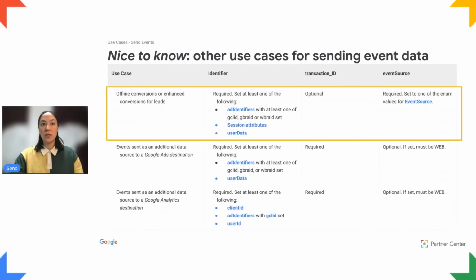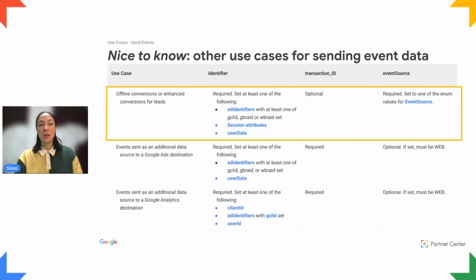The other use cases, it's just nice to know because it will be more relevant in the future, is event sent as additional data source to a Google Ads destination or Google Analytics destination, where the biggest difference here is that the event source is web, right? So we are sending the data as additional data to web conversions.